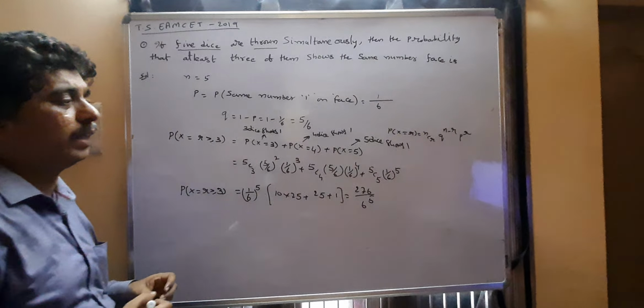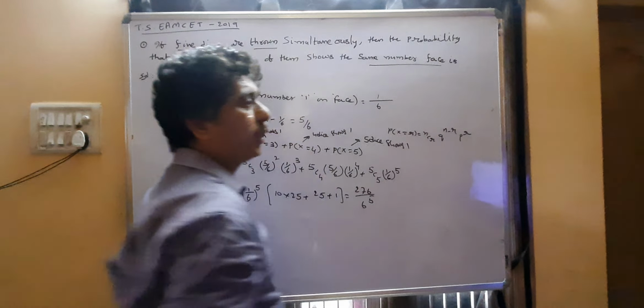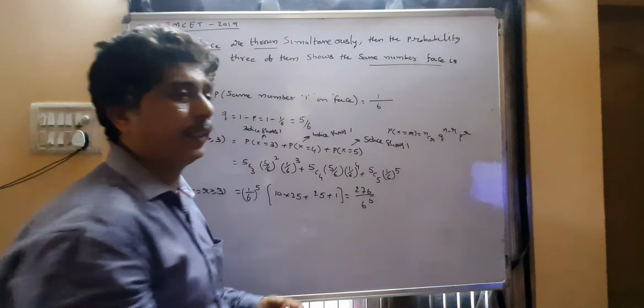Now they have not given the same number 1. They have given the same number on the face, which means it shows either 1 or 2 or 3 or 4 or 5 or 6. So the required probability is: this is only for 1, and you have the remaining 5 chances, 5 plus 1, 6 chances.